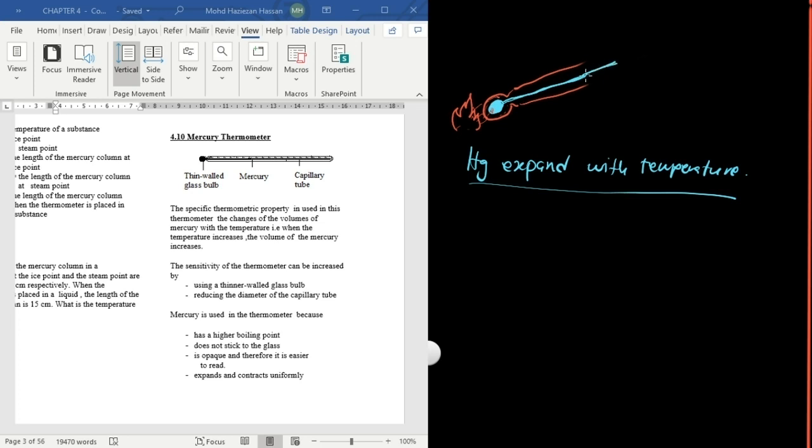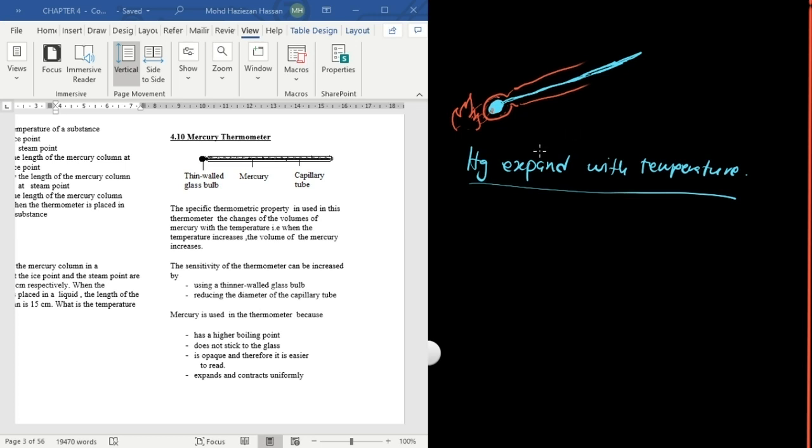There is no other space except through the capillary tube. So it will expand until when? Until the thermometer and the fire reach thermal equilibrium, then it will stop expanding. So that is how the mercury thermometer works.